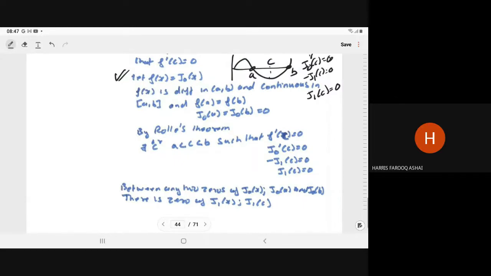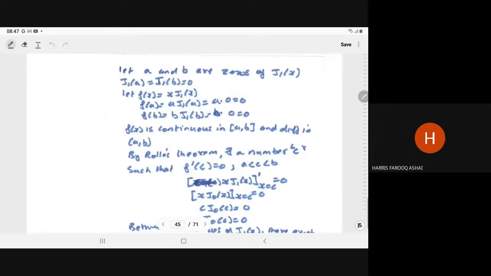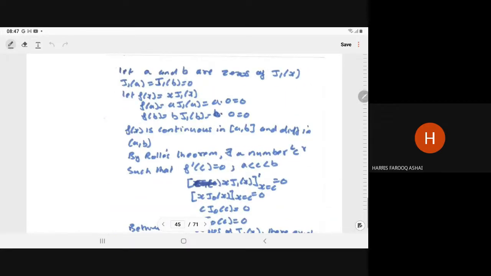In the same fashion, we have to prove the second one. Let A and B be two zeros of J1. What is the meaning of zeros? It means J1 A is equal to J1 B is equal to 0.